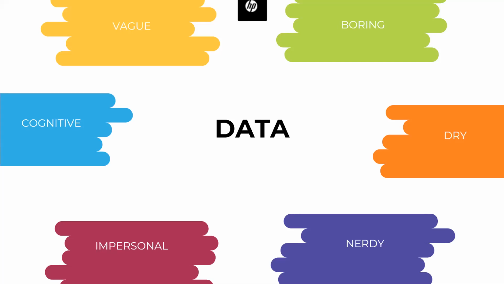So data science is everywhere. And as I said, data is completely impersonal and it is cognitive. And most of the data are vague. I mean, let's take my work. We have trains running from the 1950s to the recent 2020s. Do all the trains provide the same set of data? Never.